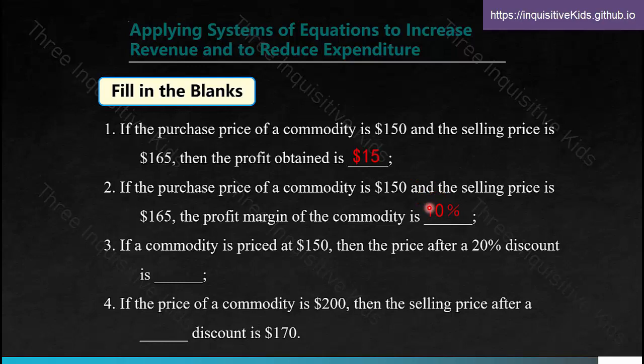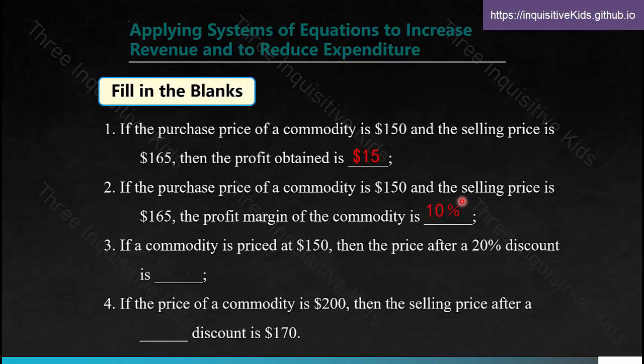Well, the profit margin is basically you take the profit and then you compare that profit to the purchase price, or the expenses, so to the purchase price of the commodity. Here we know that the profit obtained is already $15. And we know that the purchase price is $150. So 15 out of 150, 15 is 10% of 150. So the profit margin would be 10%.